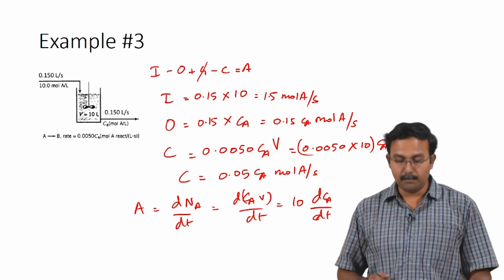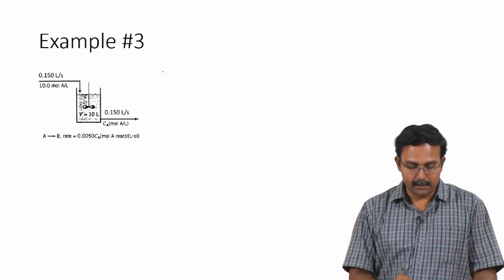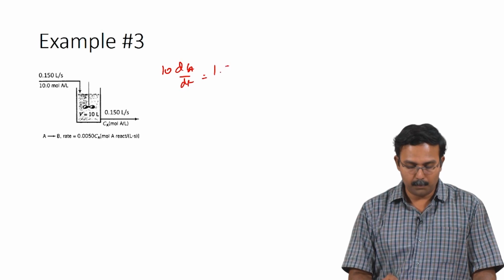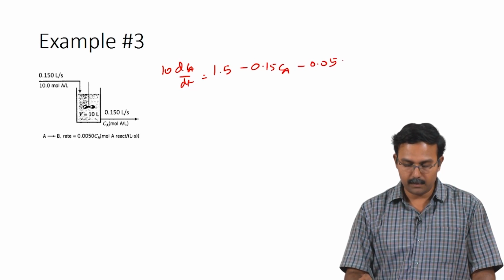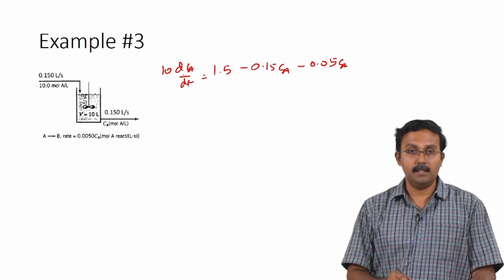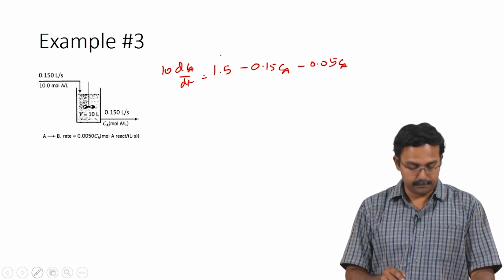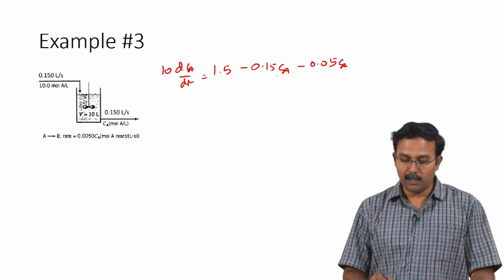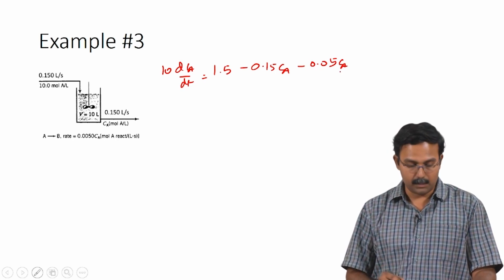Now substituting all these back into the general material balance equation we had, we get 10 dCa/dt equals 1.5 minus 0.15 Ca minus 0.05 Ca, where 10 times dCa/dt is the accumulation term, 1.5 is your inlet term, 0.15 Ca is your outlet term, and 0.05 Ca is the consumption term.